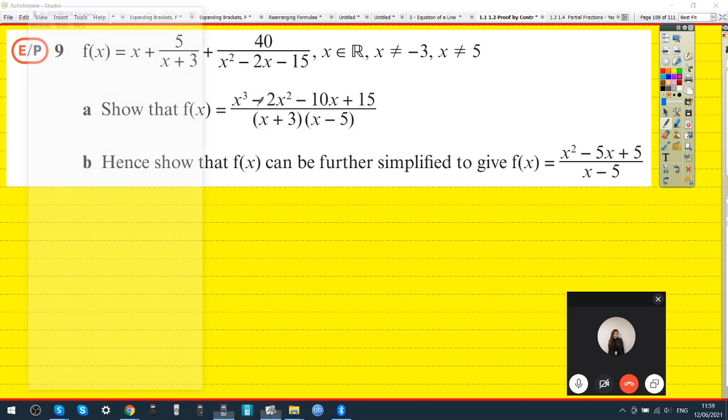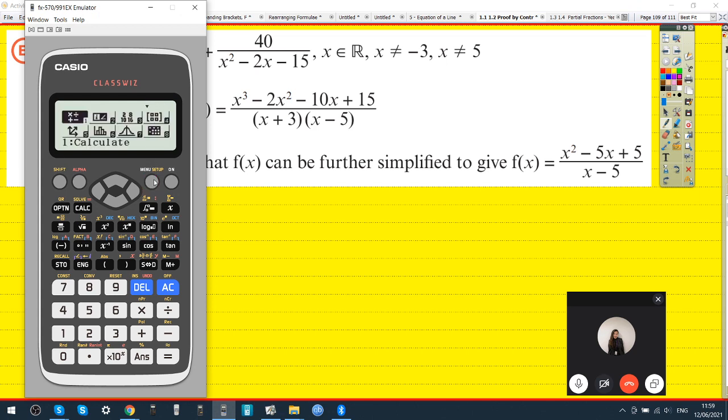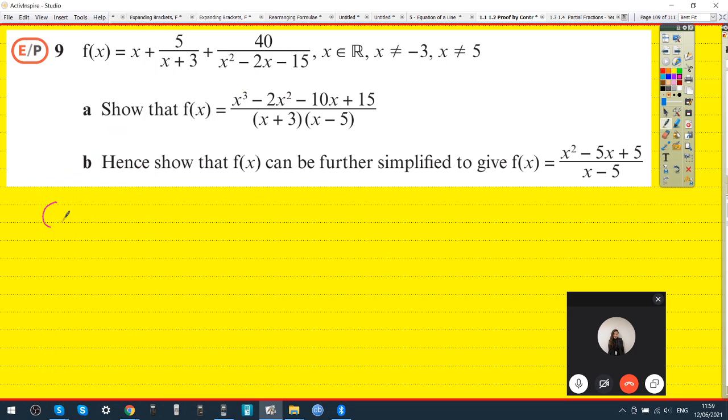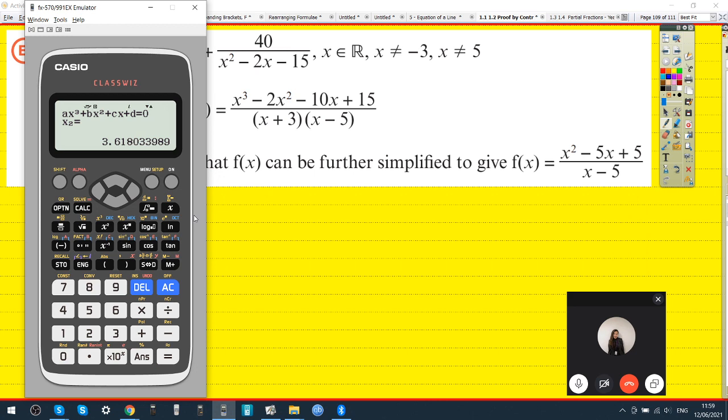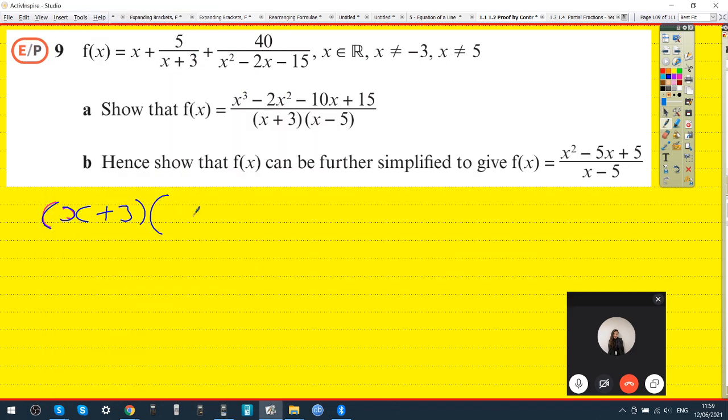You can use your calculator to solve the cubic on the top. So degree 3, 1, minus 2, minus 10 and 15. So we get minus 3. So one bracket is going to be x plus 3. On the bottom, we had x plus 3 and x minus 5.